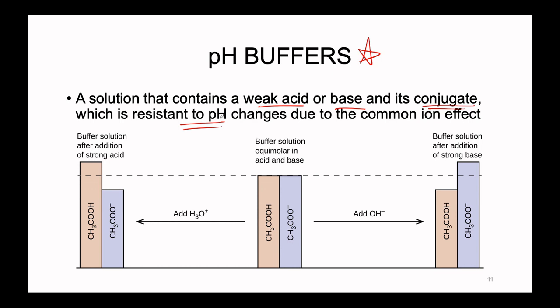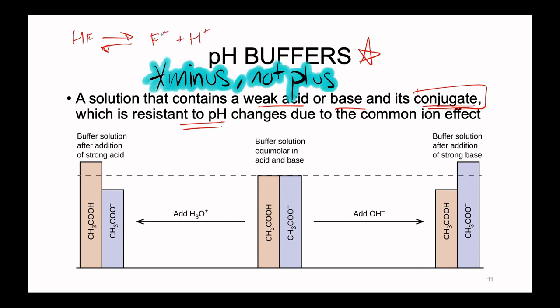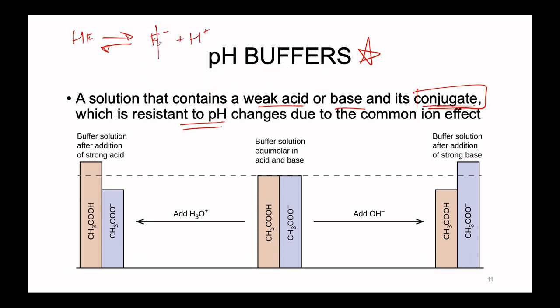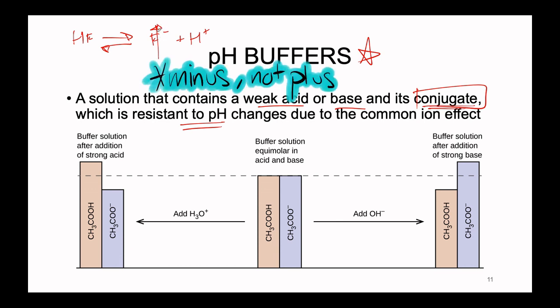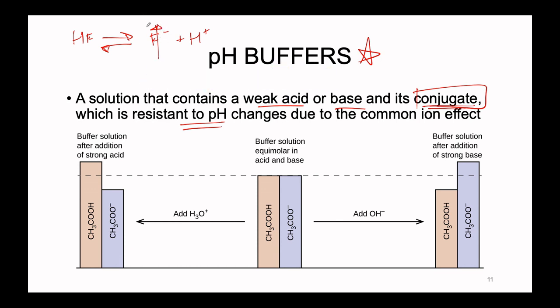In our previous example, we saw less of a pH change because the conjugate base, F-, was present. If F- is present, according to our equilibrium expression, as HF dissociates, creating some F-, an increased amount of F- means we are going to be resistant to changing or neutralizing any of this HF.